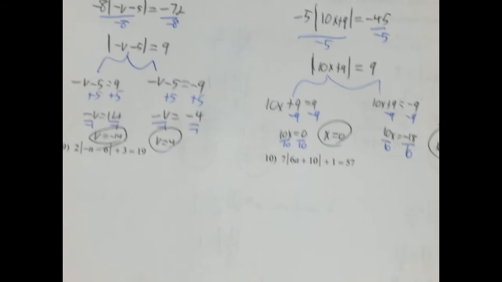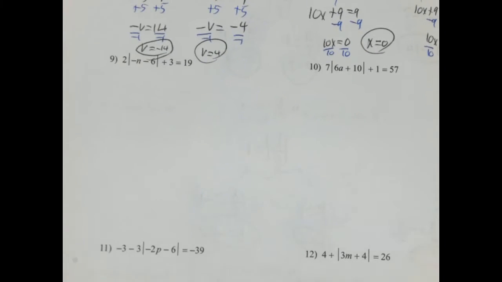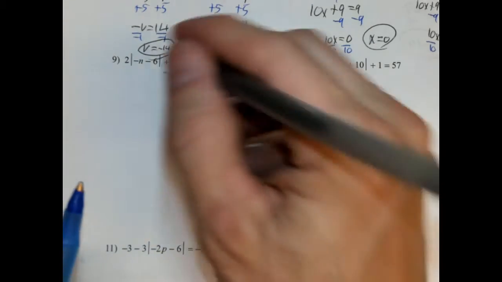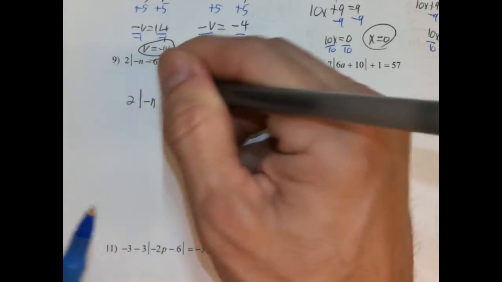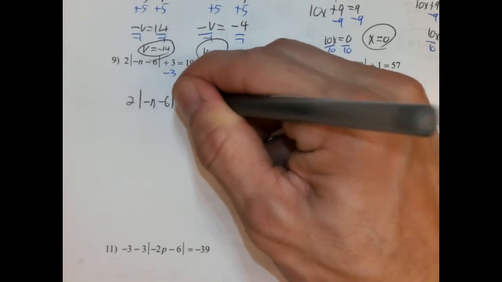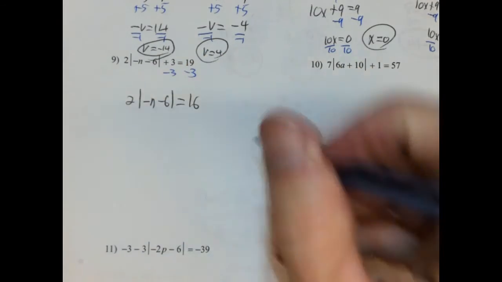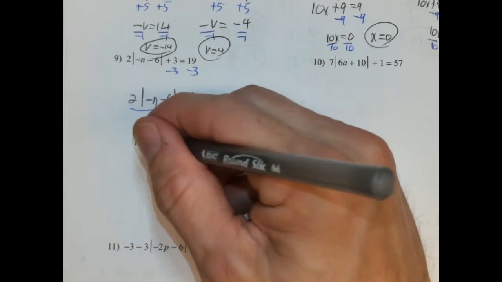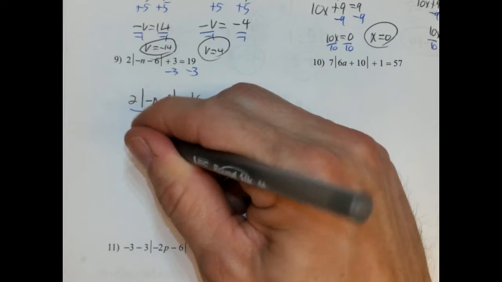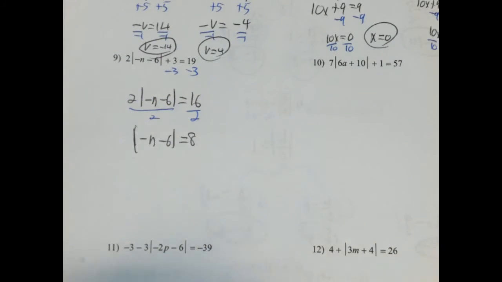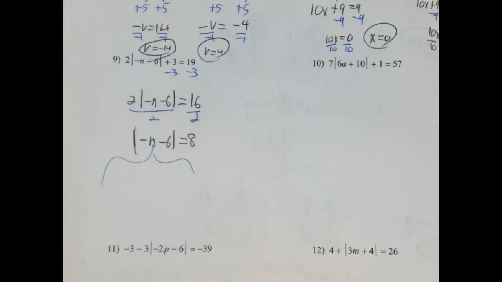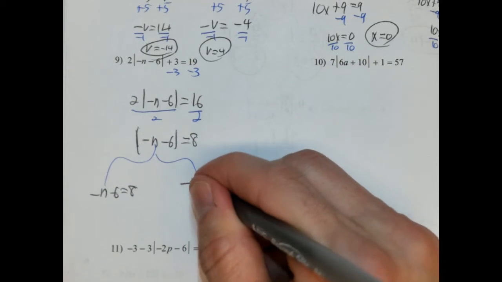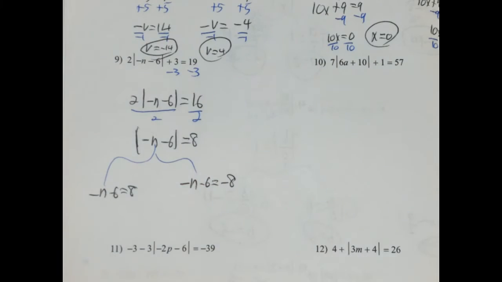Okay. All right. Let's do these last few here. So here we're going to subtract 3 from both sides. So we have 2 absolute value of negative n minus 6 equals 16. Divide both sides by 2. And the absolute value of negative n minus 6 equals 8. So we have negative n minus 6 equals 8, and negative n minus 6 equals negative 8.